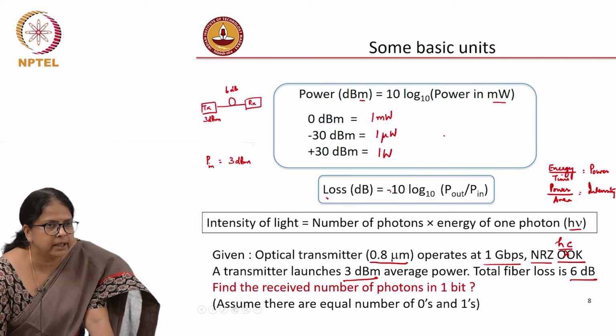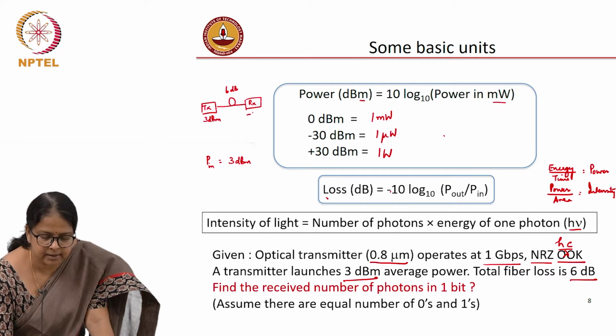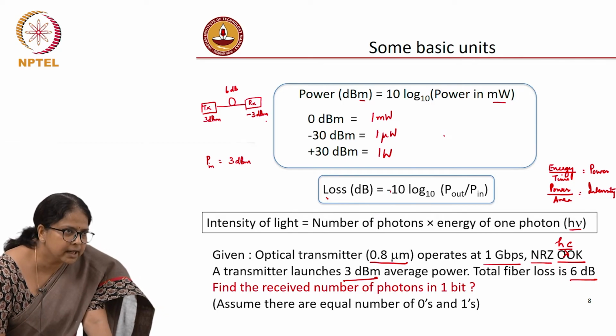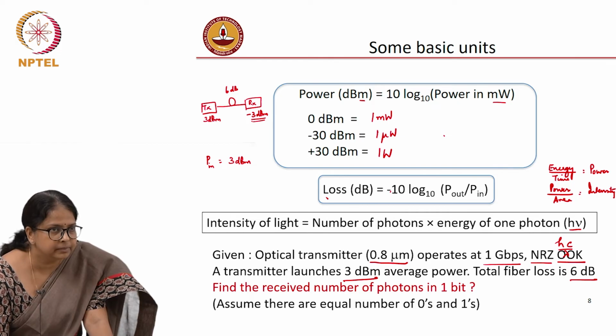So, what power do I get at the receiver? Minus 3 dBm. This is the benefit of doing everything in the log scale. In log scale, division in the linear scale becomes subtraction. Now, the receiver has minus 3 dBm of average power.